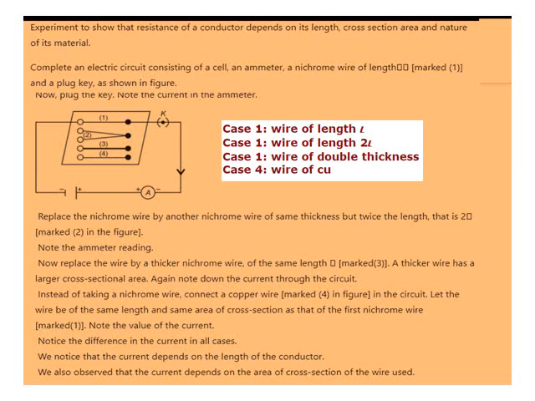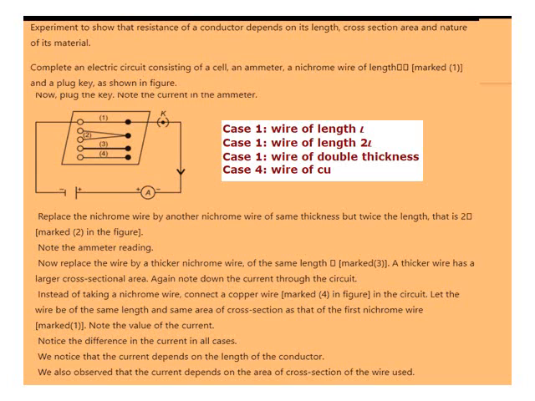Inside the square box you can find number 2, number 3 and number 4. Number 1 you can see on the right side, it is a nichrome wire of length L. Case 2, below case 1, is a wire of length 2L. So you can see double the length of the same nichrome wire.